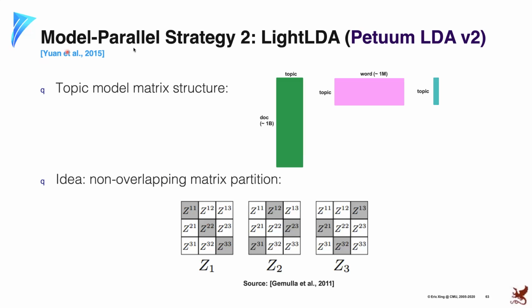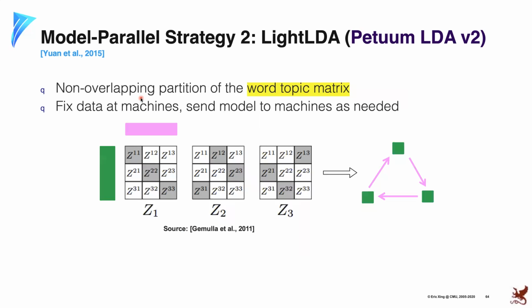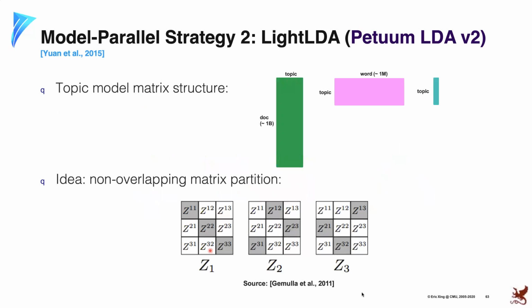This is actually a method proposed by the speaker's own group. It was published in 2015, and they implemented a system that achieves very efficient parallelism for this LDA model. That's the key idea for the second model.